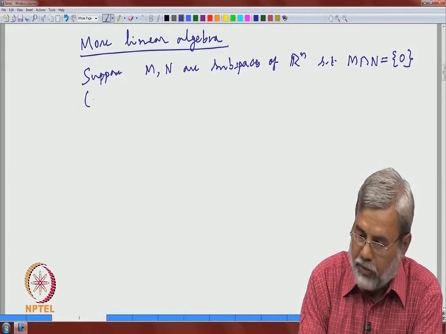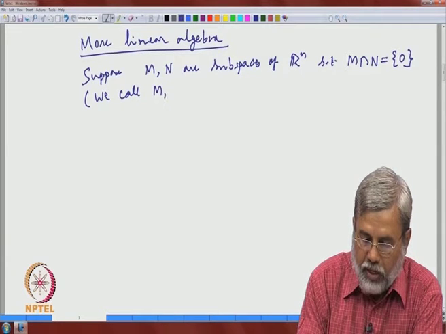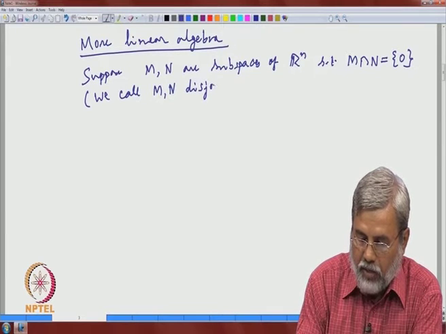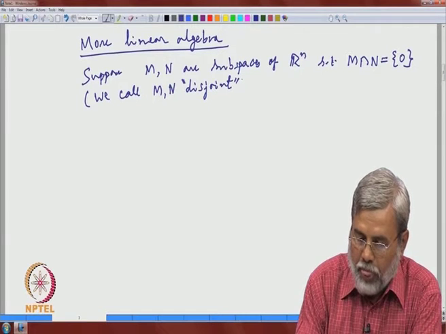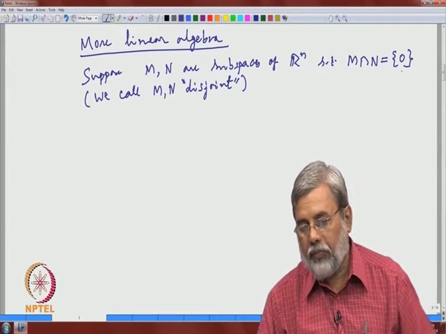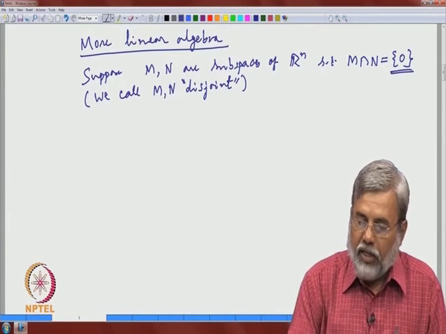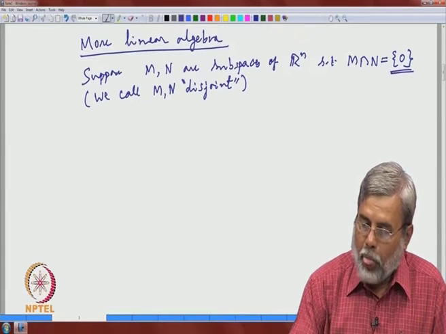We call such subspaces M and N disjoint. Okay. So, though the intersection is not empty, it is the trivial subspace, namely the 0 subspace, we still call it disjoint.